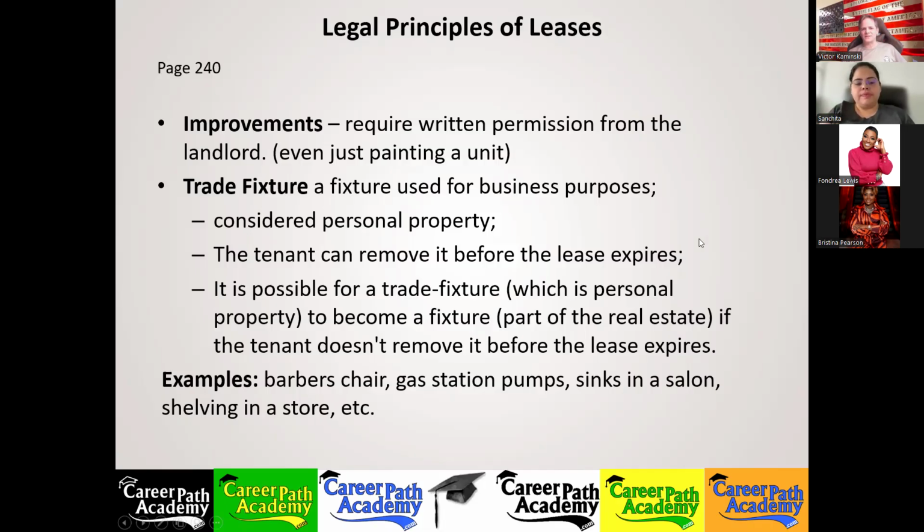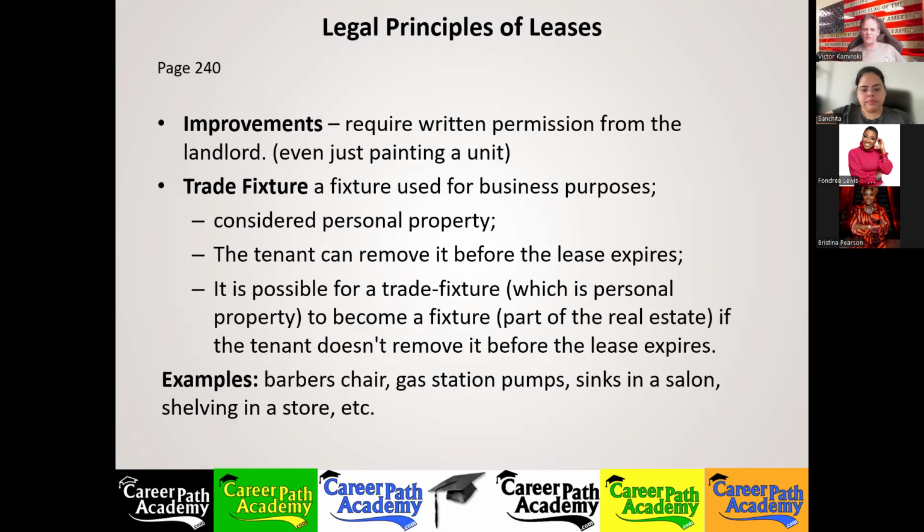Yeah, because trade fixtures, even after they're installed, are still considered personal property used to conduct the business. As long as the tenant removes it before the lease expires, it's fine. But they can't go back in after the lease expires trying to remove it.